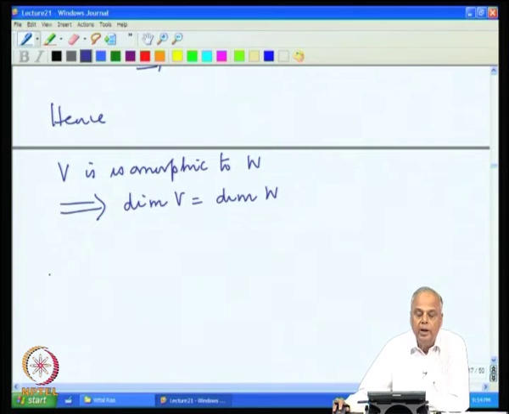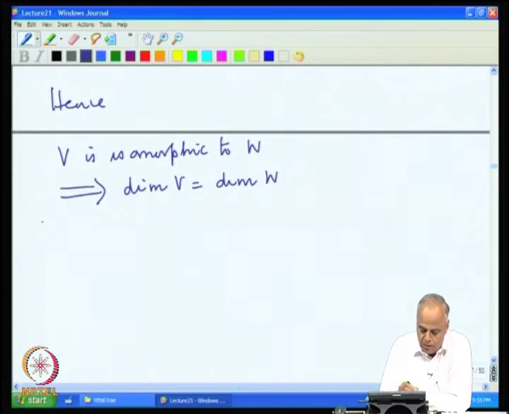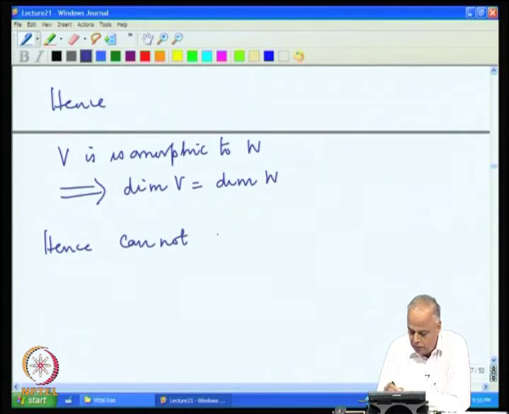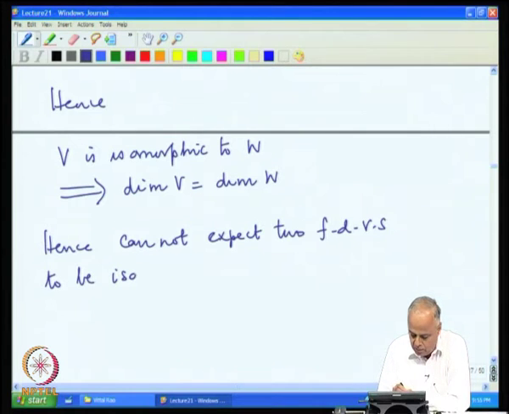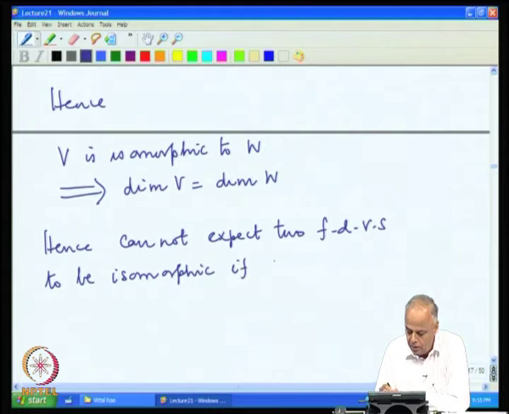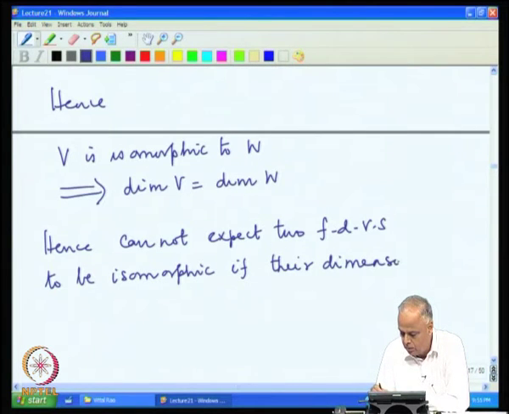Therefore, we cannot expect two vector spaces to be isomorphic if their dimensions are not equal. So, hence we cannot expect two finite dimensional vector spaces to be isomorphic if their dimensions are not equal.